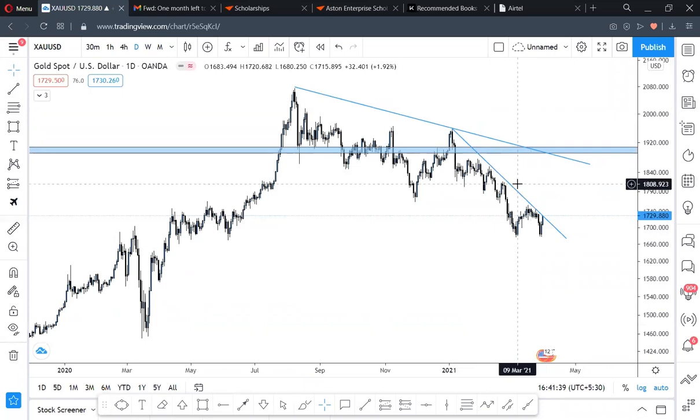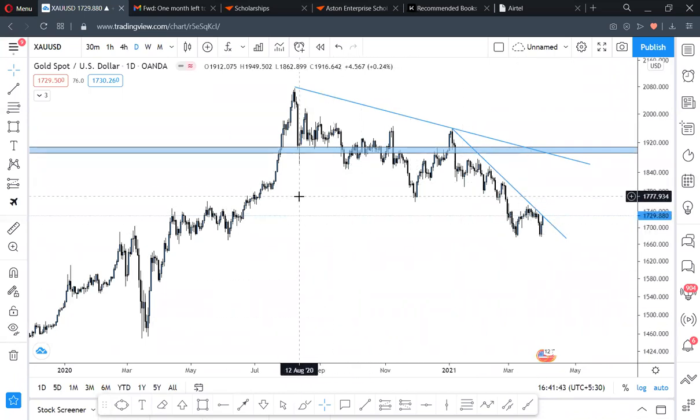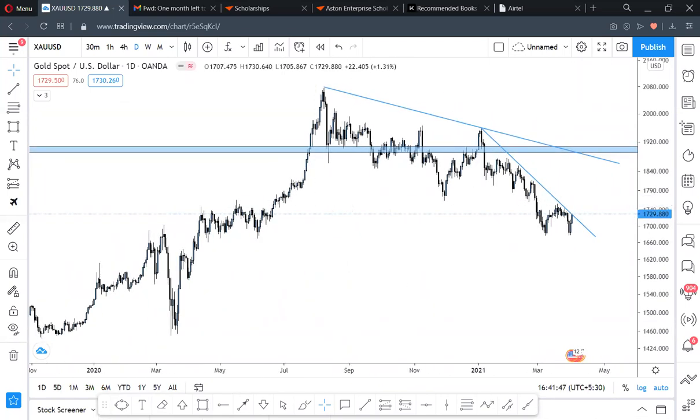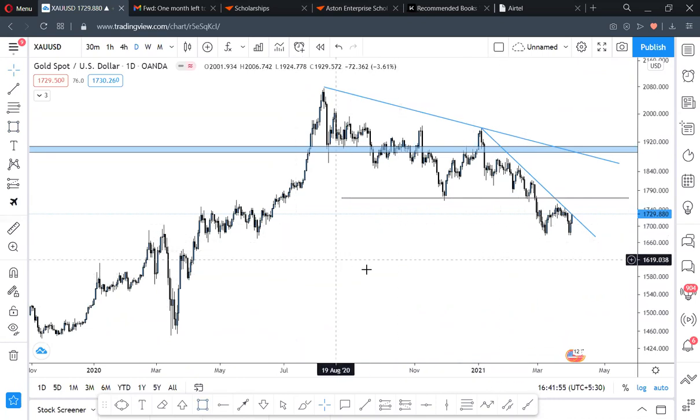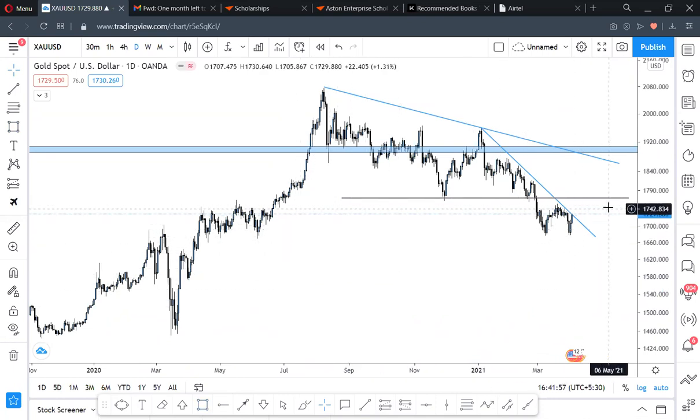We are currently here. We are in the daily, and we've taken this strong lower low. So we are waiting for them to breach it.